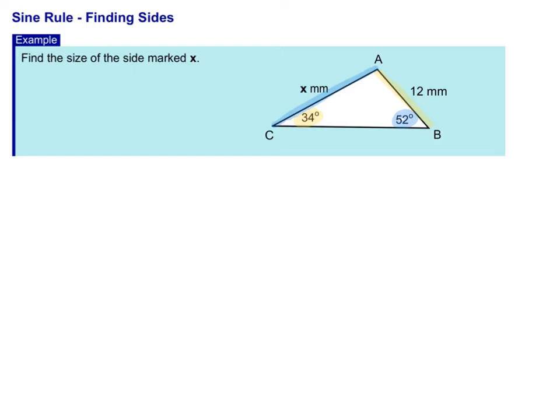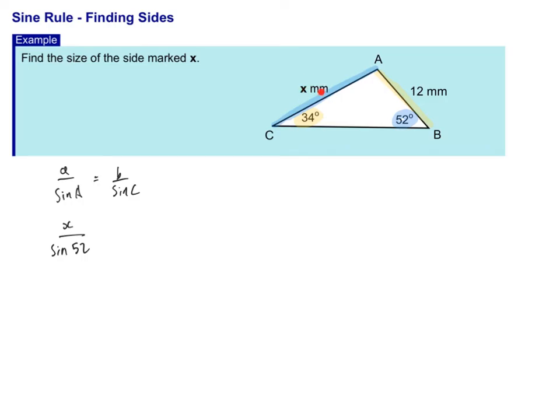So I'm going to start by writing down the sine rule. A over sine A equals B over sine B. I don't really need to write the third pair, and I'm not really going to worry too much about these labels A, B and C here. What I'm interested in is these highlighted pairs. So the thing I'm trying to find, X, over the sine of 52.